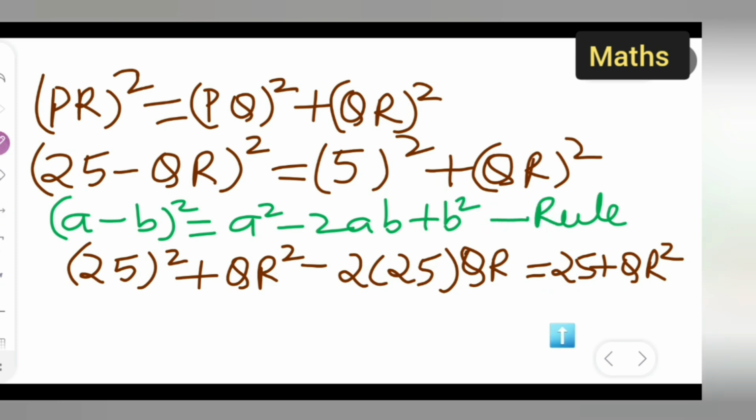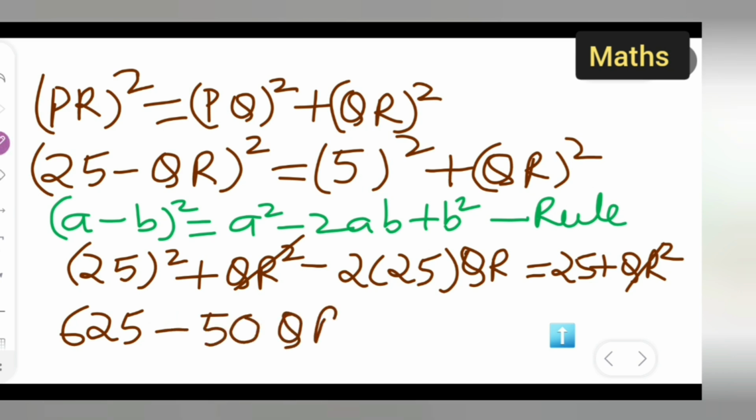So here 25 square is nothing but 625 plus, now here the QR square and the QR square will get cancelled. You are left with minus 50 QR. Multiply these two, 2 multiplied by 25, we will get minus 50 QR is equal to 25.